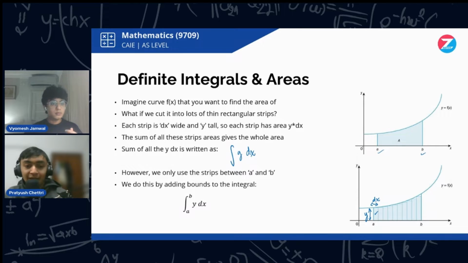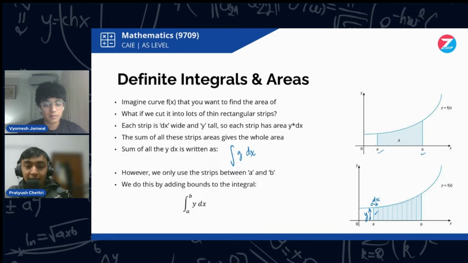I like to think of this as everything to one side of a versus everything to one side of b, and their difference. Because when you're subtracting these, you subtract the bounds that you plug in, and the difference gives us just this bit. That's why you use definite integrals.